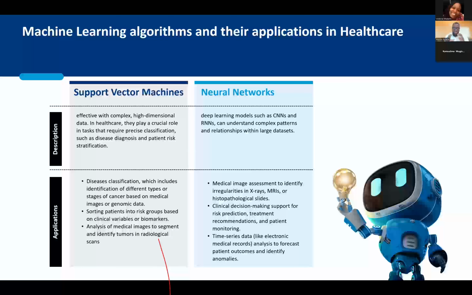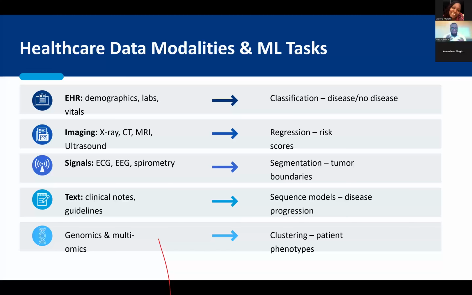If you're going to do things like signals, that is ECG, EEG, spirometry, auscultation, that falls within segmentation. We're trying to find out maybe tumor boundaries so that you can annotate data correctly. If it's text, that is clinical notes and guidelines, you're looking at applying sequence models. And if it's genomics and multiomics, you're looking at clustering and patient phenotyping.